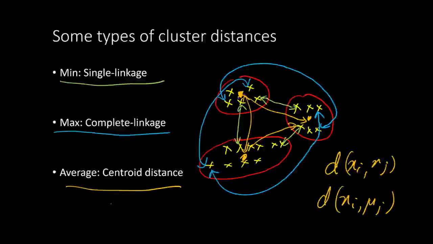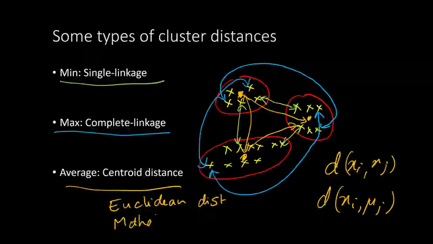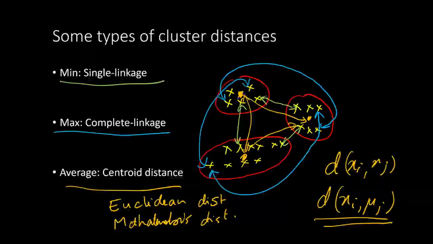You can have Euclidean distance. You can also have Mahalanobis distance. You can also have some sort of distance metric which is neither of the two.